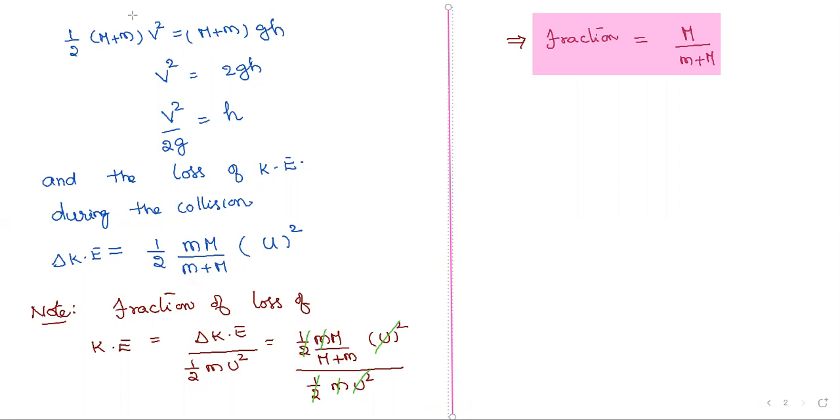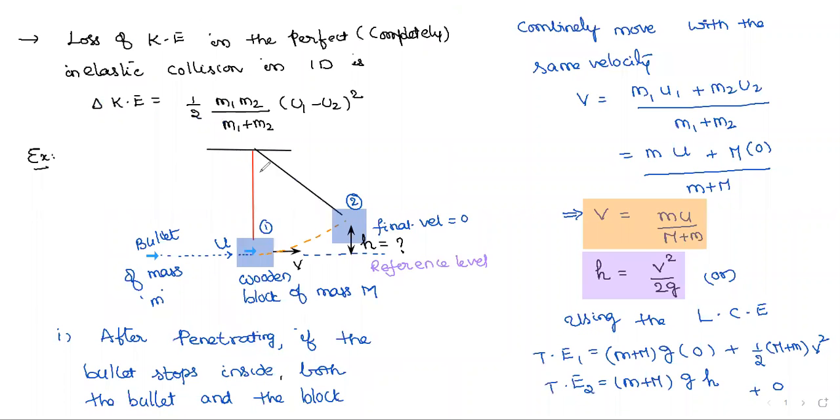These are the possible questions they ask in the case of the block suspended by a string and bombarded with a bullet fired horizontally. In that, one case is if the bullet is stopped inside. Now, not like this.